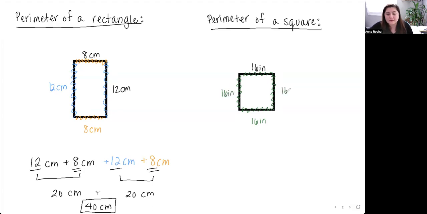So all of these sides are actually going to be 16 inches. So if I were to rewrite this, I could say 16 inches plus another 16 inches, right? Plus another 16 inches. And then maybe plus another, right? Because at this point, I might actually get lost with the amount of 16 inches that I've written down.